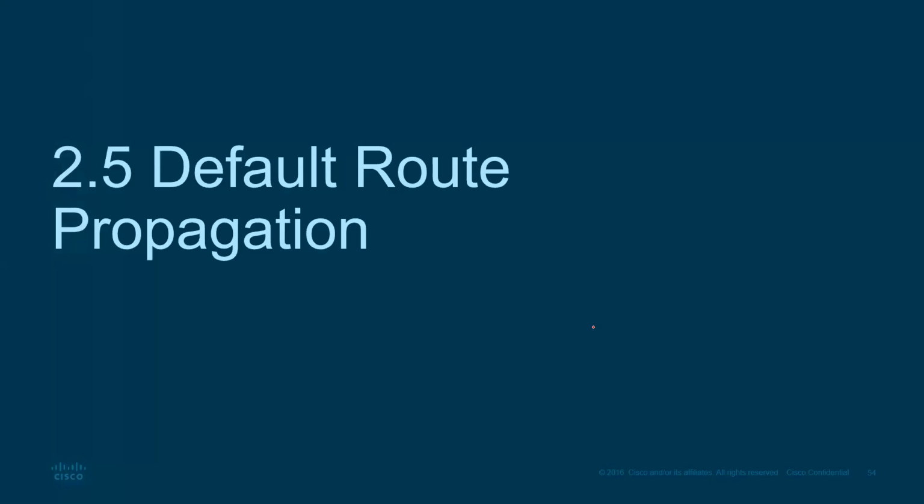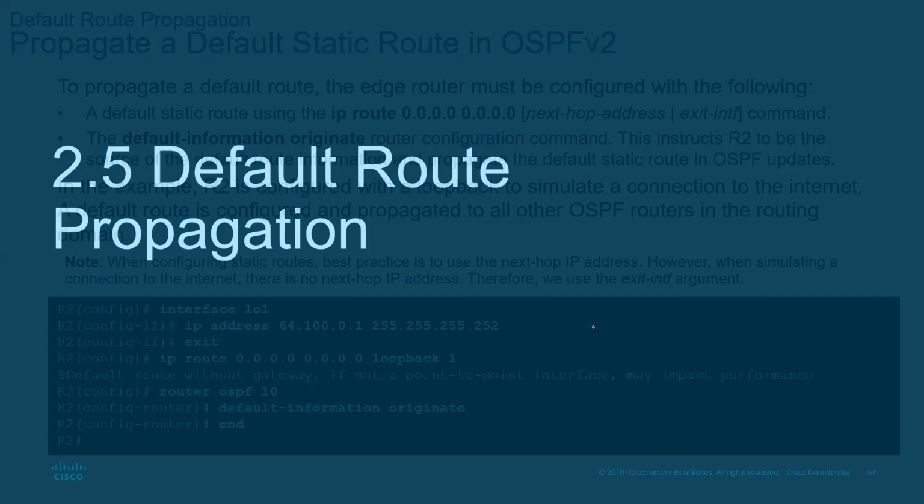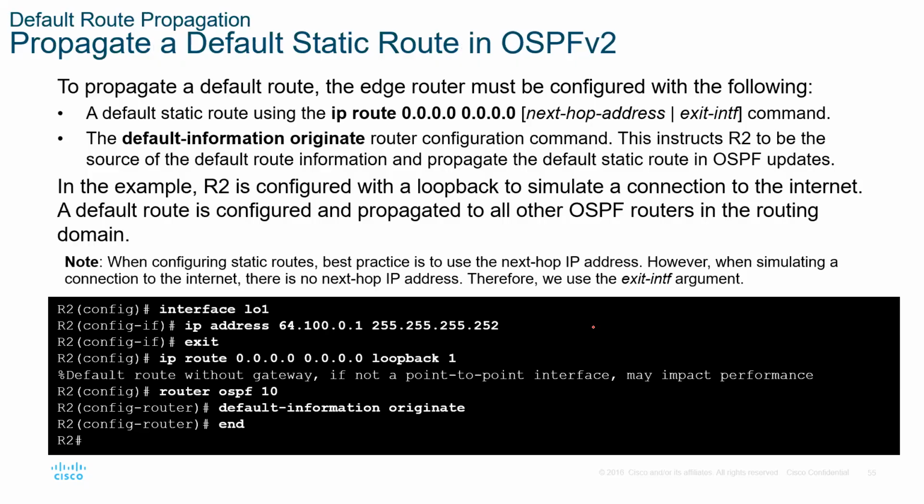Okay, so let's go to default route propagation. To propagate a default route, the edge router must be configured with the following: a default static route using the IP route command, IP route 0.0.0.0 0.0.0.0.